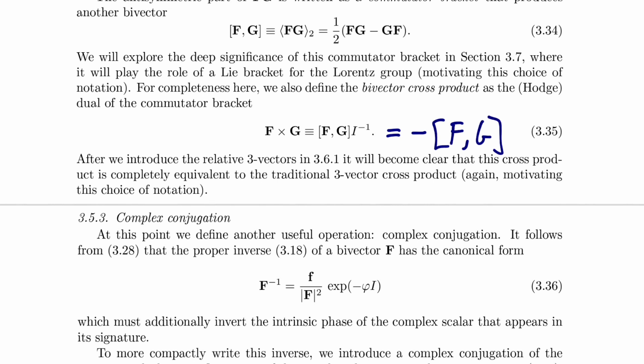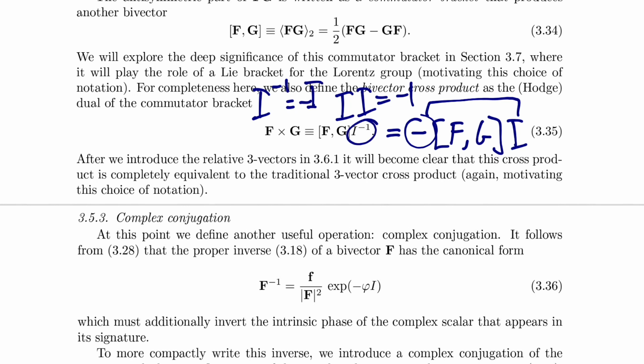But it's written as FGI, where I like it this way better because this is just the dual of the blade 2 part of the space-time product of F and G, right? And then you just flip the sign. Remember, since I squared equals -1, it's pretty clear that I inverse equals minus I, right? And that's where I'm getting that -1 from. So I'm getting rid of that inverse and putting that minus sign there. That's actually pretty typical from other papers that I've seen.